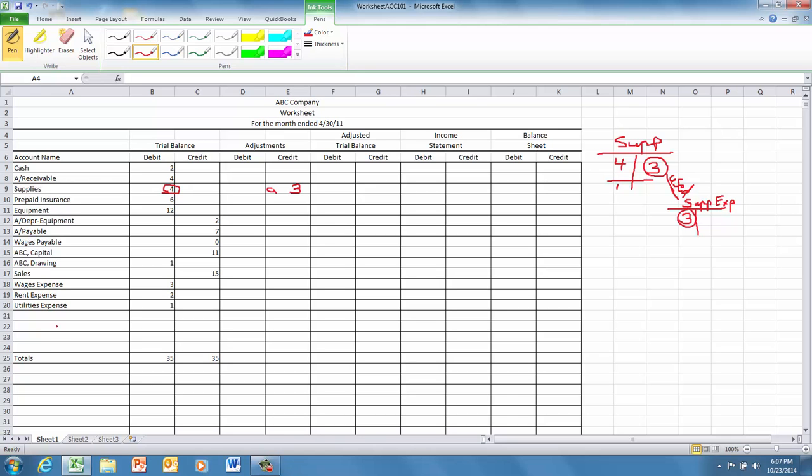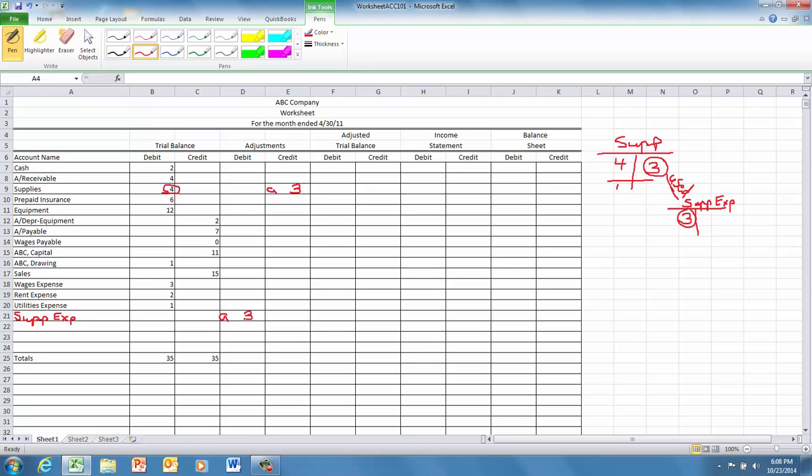Now there is no supplies expense, and so I just simply go down here to the bottom and write it in. And put my little letter A and my $3 for supplies expense debit.